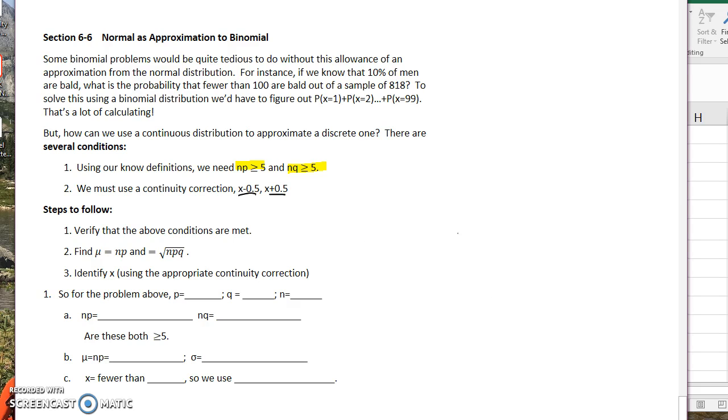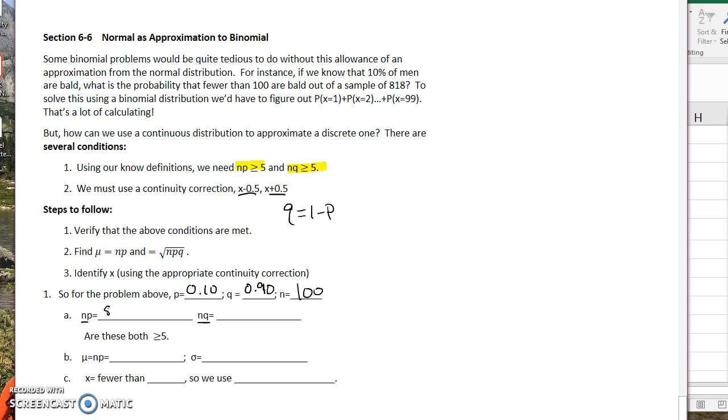We have 818 men. Let's figure out what N, P, and Q are. N is 818. P is the probability of selecting a male who is bald, which is 0.10. And Q, remember, is equal to 1 minus P, so Q is 0.90. Now we need to make sure that N times P and N times Q are both greater than 5.